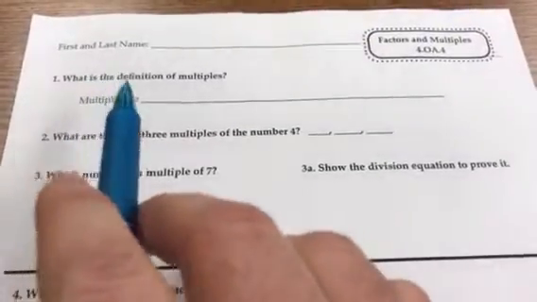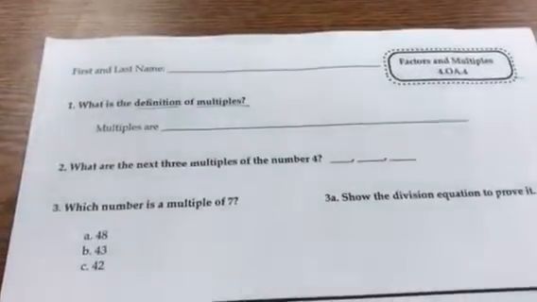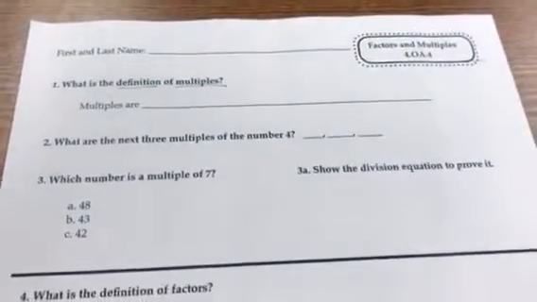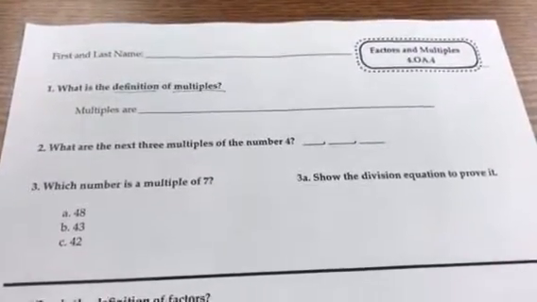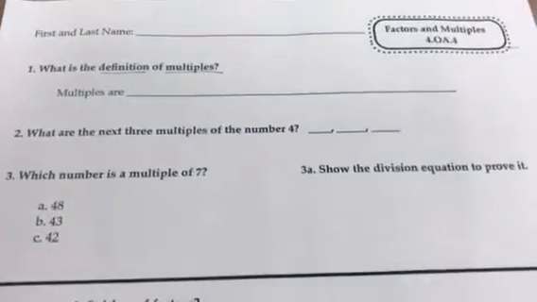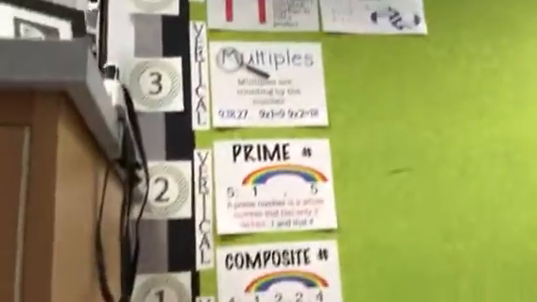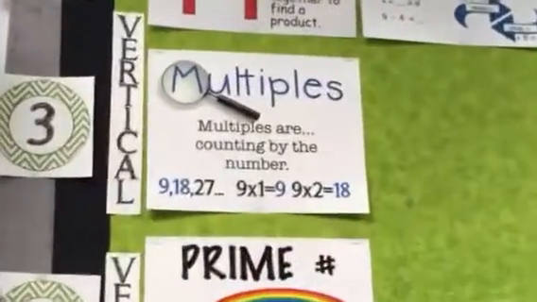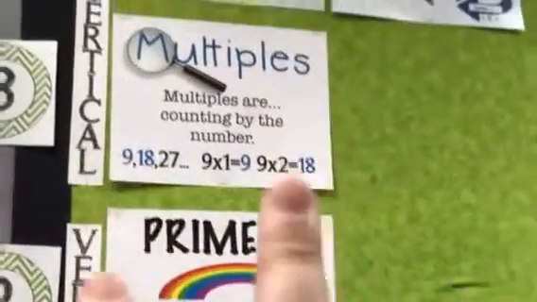What is the definition of multiples? So let's underline important info, definition of multiples. Right away, your brain has to think, oh, what are multiples? And so we have to tell ourselves, do it with me, multiples are counting by the number.